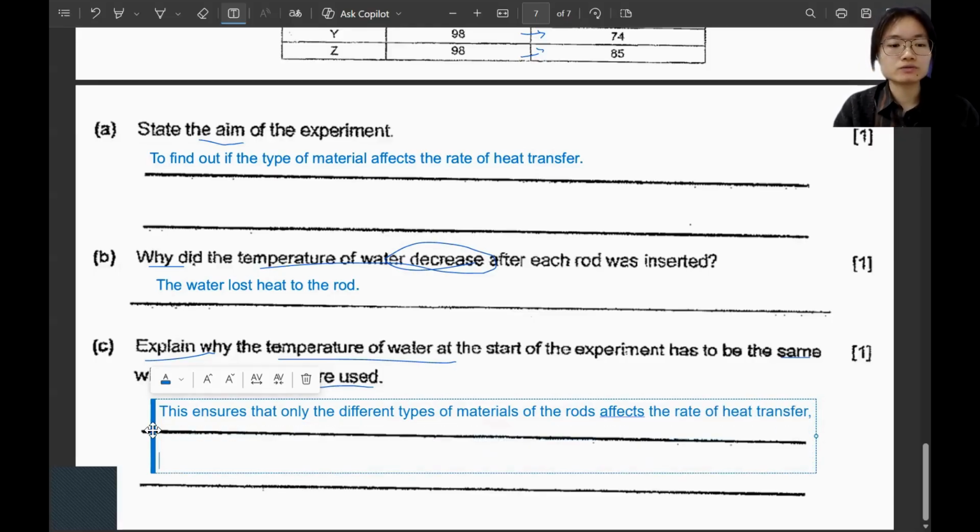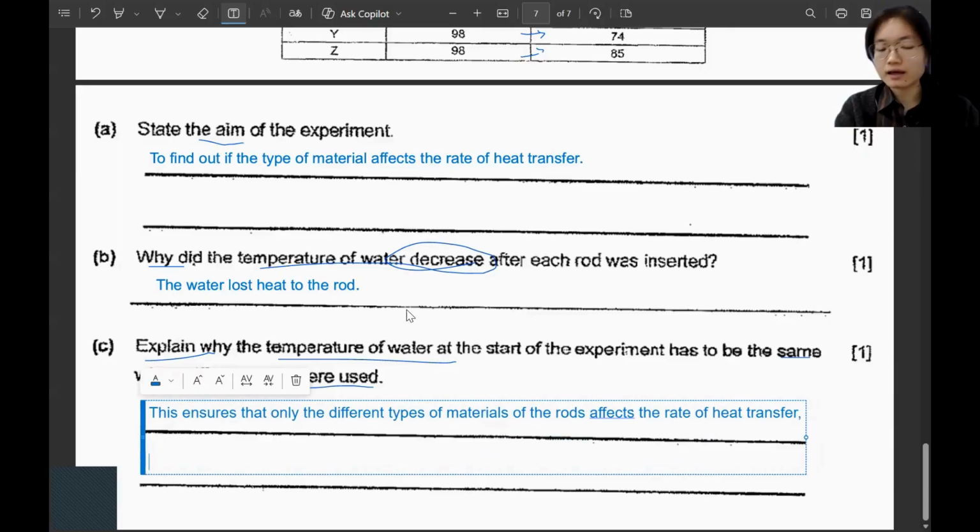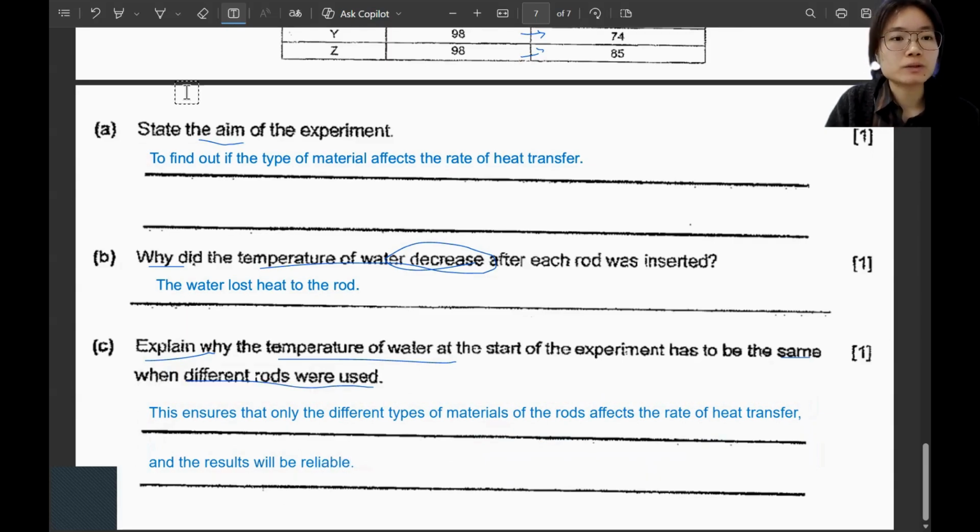And then we want to include this part: and the results will be reliable. Always remember the results will be reliable.